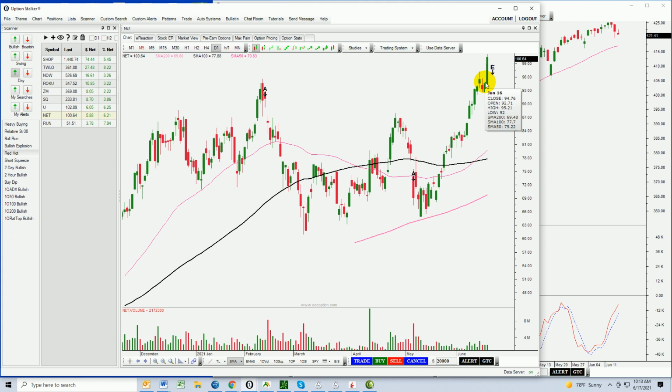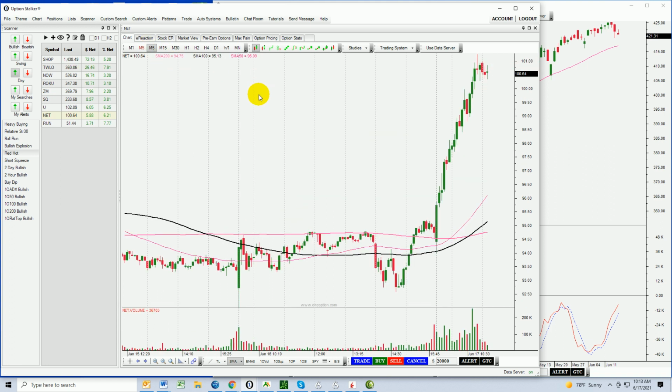Downward sloping trend line here, bullish flag formation, stock breaking out on big volume and eclipsing that prior all-time high. Long green candles stacked one on top of the other. Massive volume. Put up that SPY overlay.